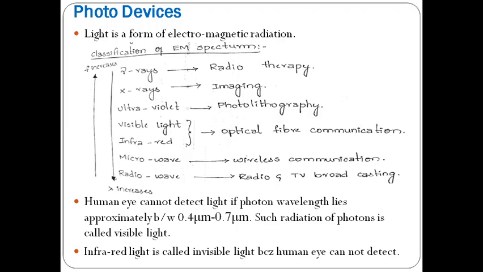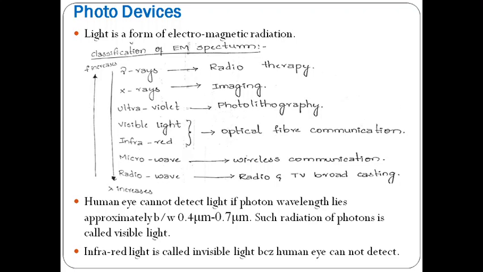In that we have gamma rays, X rays, UV rays, visible light, infrared light, microwave, and radio wave. These are the different types of waves based on their wavelength.